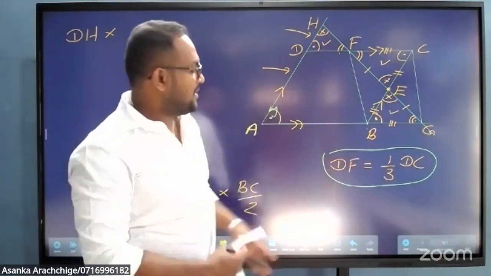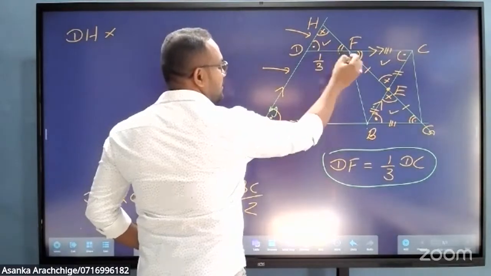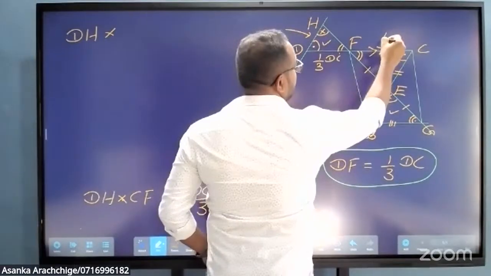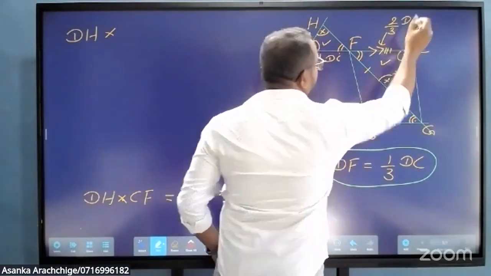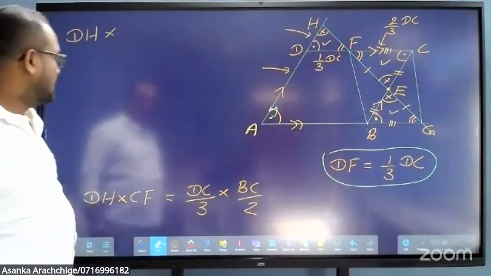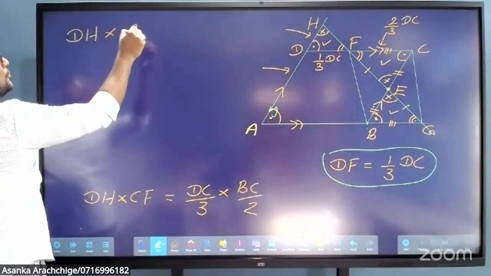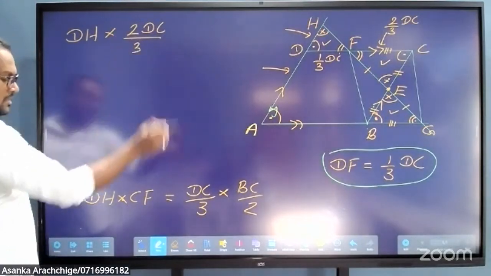If this is 1/3 DC, the remaining part must be 2/3 DC. Is that clear? Then instead of CF, I write 2 DC upon 3.